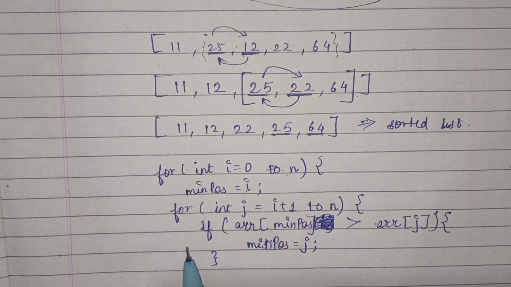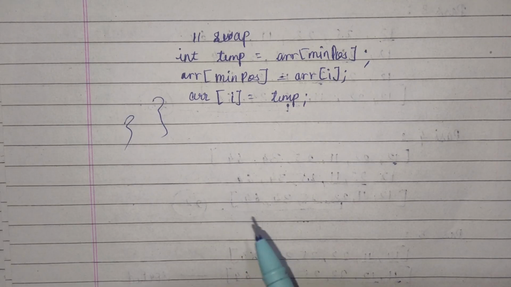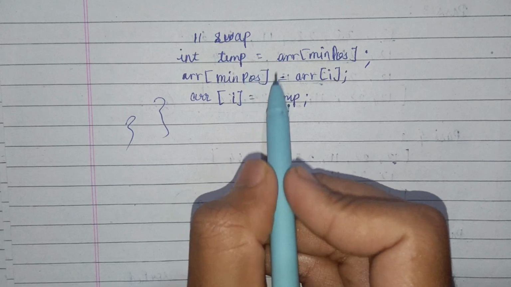And in that, if array of min position, that is i, is greater than array of j, then min position will be j. And then we simply swap the elements here.